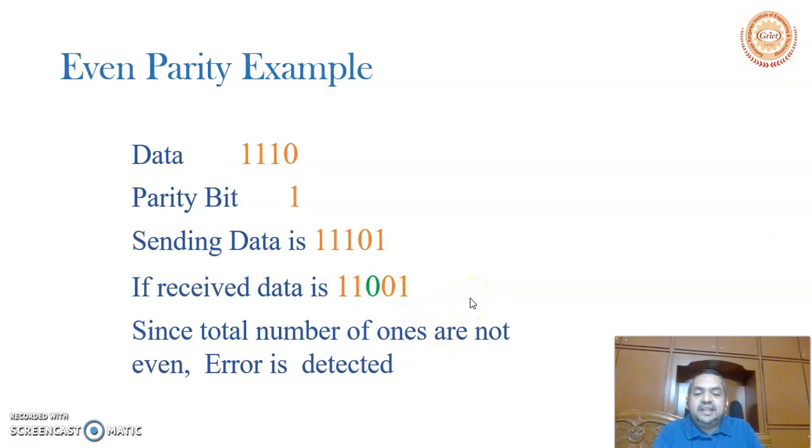My method is the even parity method, so I say error is detected because the total number of ones is odd. Like this, using the even parity method also, error can be detected. So this is the example of error detection codes, the even parity method and the odd parity method.